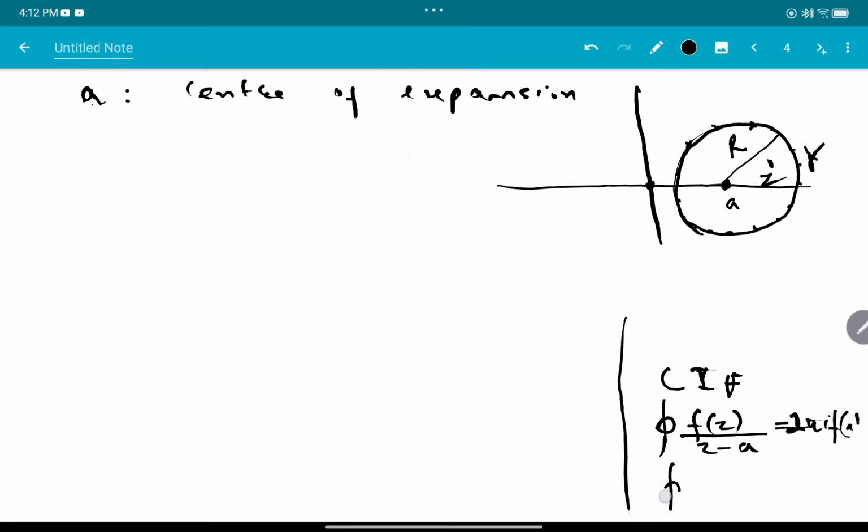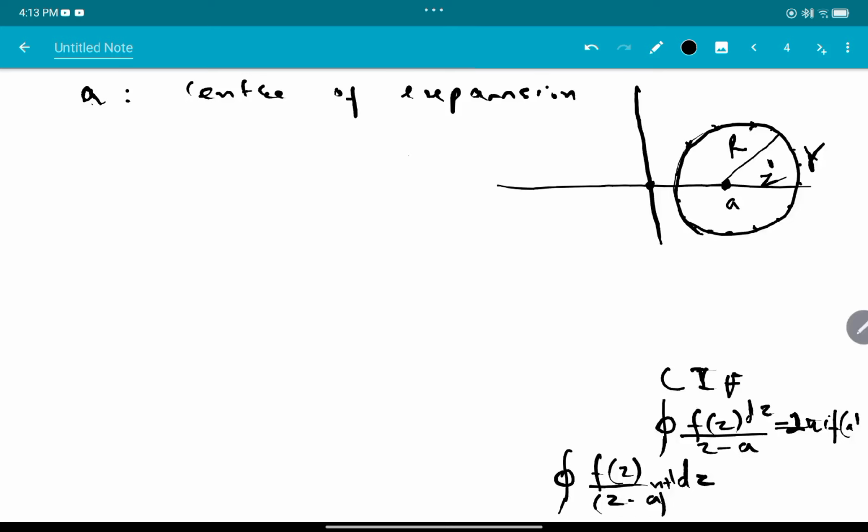Another is the generalized Cauchy's integral formula. That is, the integral of f(z) divided by z minus a, but with higher order, z minus a whole raised to n plus 1, dz.